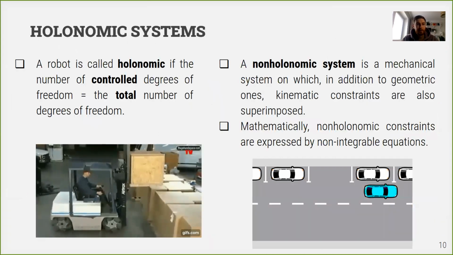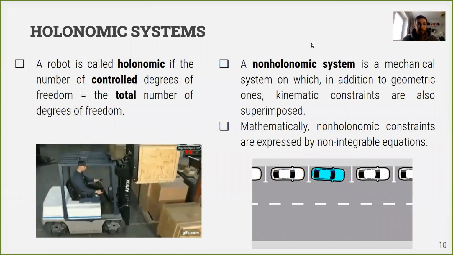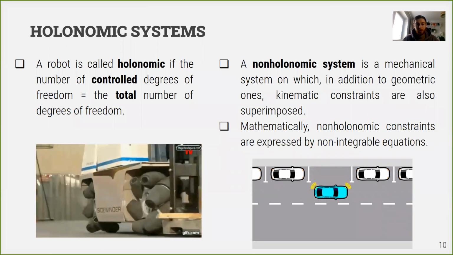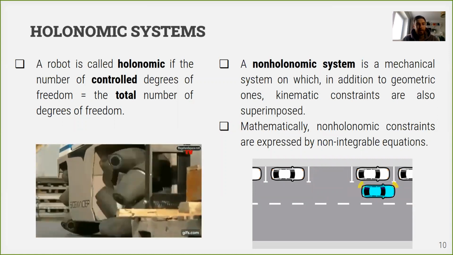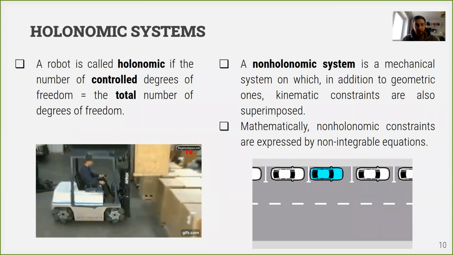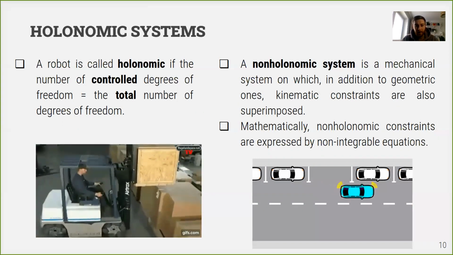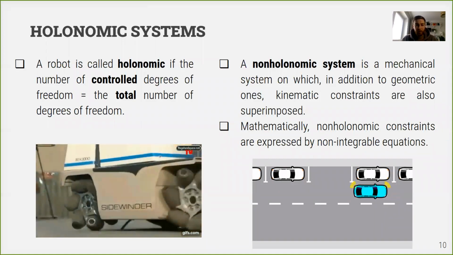So we will start with the term holonomic or non-holonomic systems, because it is important for us to distinguish those 2 types of systems. A robot is called holonomic if the number of controlled degrees of freedom is equal to the total number of degrees of freedom. What it means in practice is that we can control any degree of freedom of our robot.